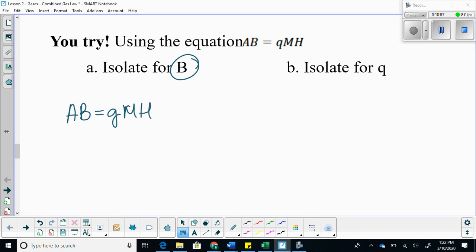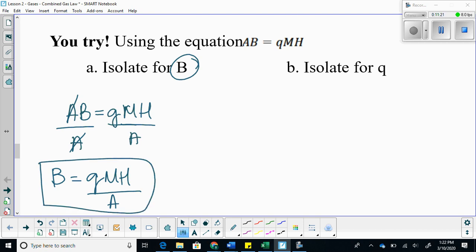There are no issues going on here. We need to isolate for B. So what should my next move be? Divide by A on both sides. Whatever you do to one side, you must do to the other. A's cancel out. B is equal to QMH over A.